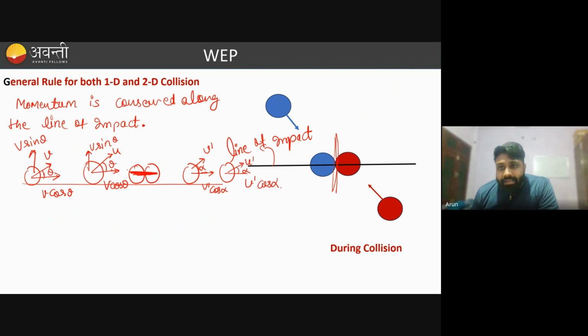You can apply this momentum conservation for an individual particle and also for the combined particles. I will apply it for the combined system. This is the velocity along the line of impact: mv cos theta plus mu cos theta is equal to mv dash cos alpha plus mu dash cos alpha.